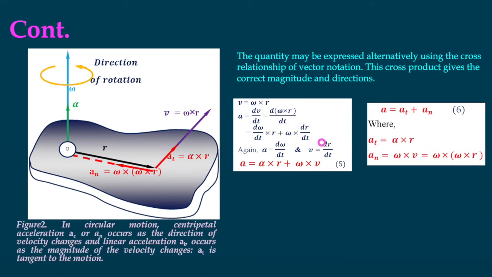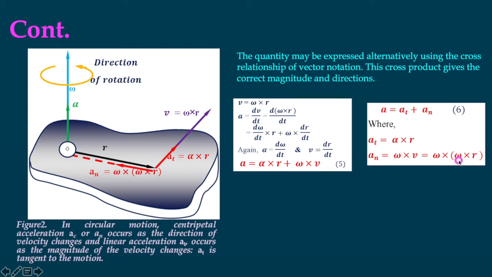This is the same equation that we have already discussed, but here we have derived the quantity. Then this quantity alpha cross r is the tangential component that we have mentioned, and this is the normal component of acceleration. So what is v? v equals omega cross r. Substitute there.